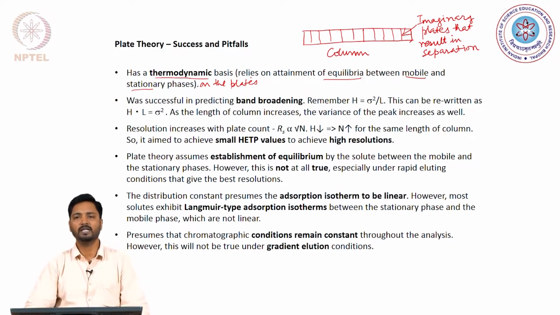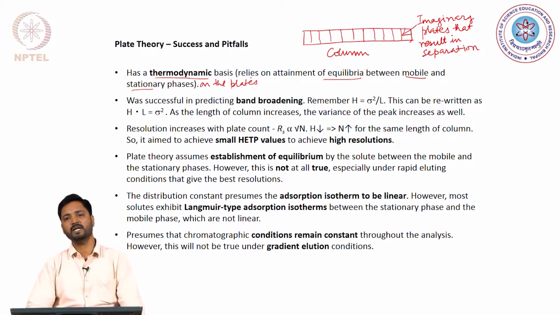It presumed that on each plate there is an equilibration that happens between the mobile and the stationary phase. Now, one of the first successes of this plate theory was in establishing that band broadening occurs as the solute passes through the chromatographic column.